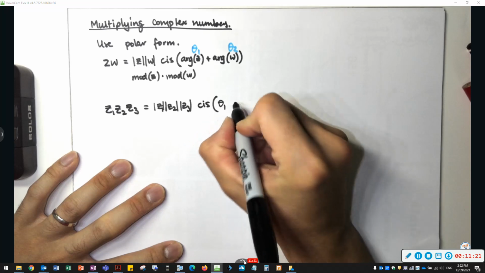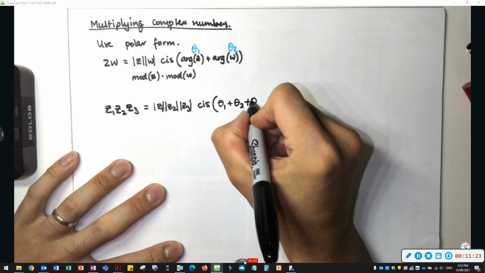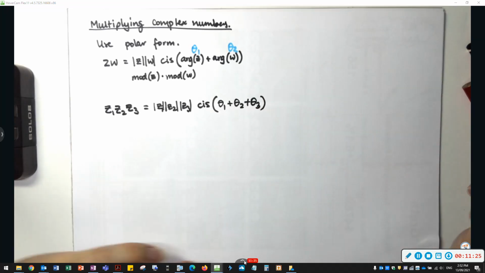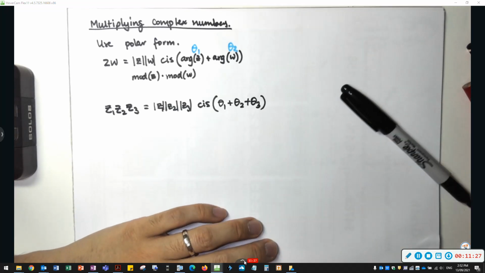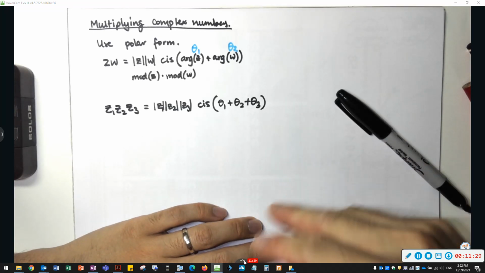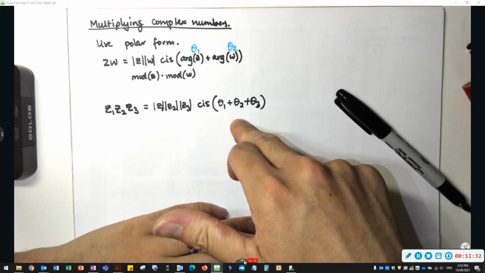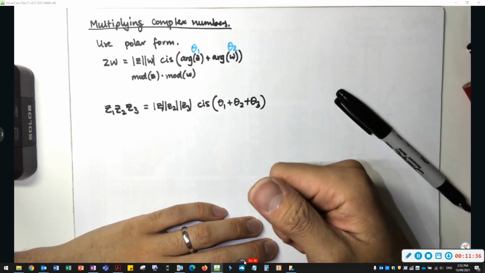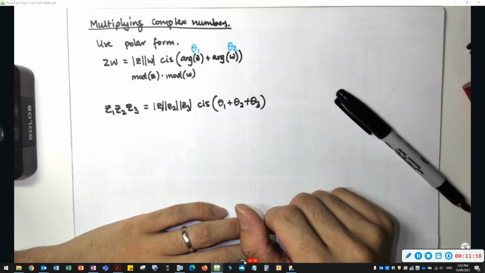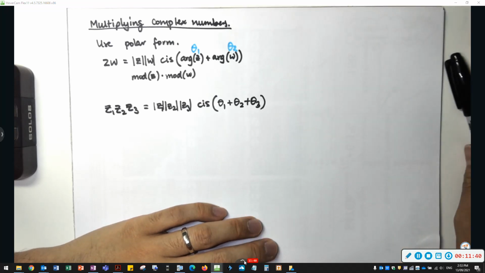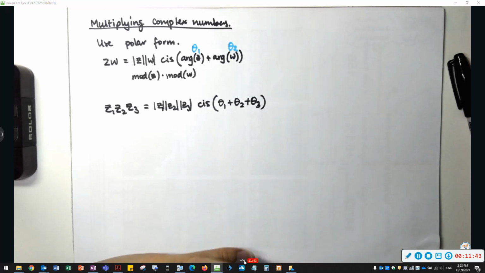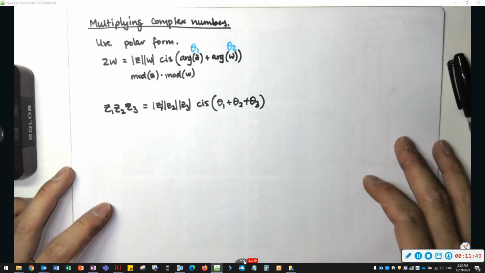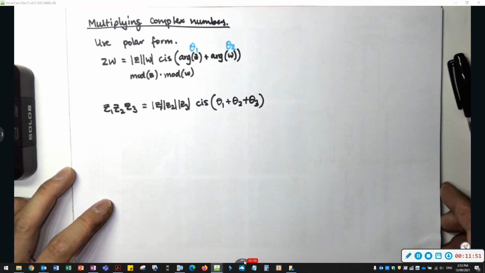So you have theta 1 plus theta 2 plus theta 3. So on a diagram, what happens is the lengths get multiplied, but the angles get added. Okay, so it actually rotates the number around the complex plane. I haven't talked about how the complex number is represented in terms of a rotation, as we don't have time to discuss this, but you may find this as you're doing investigations.